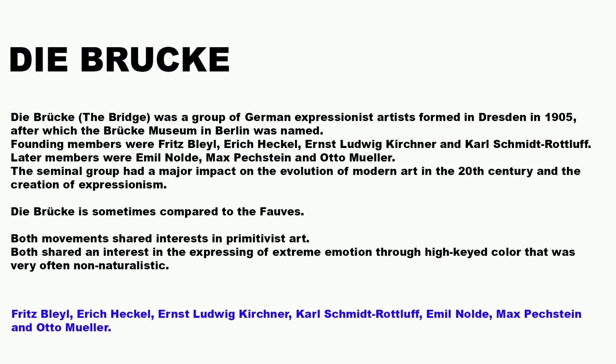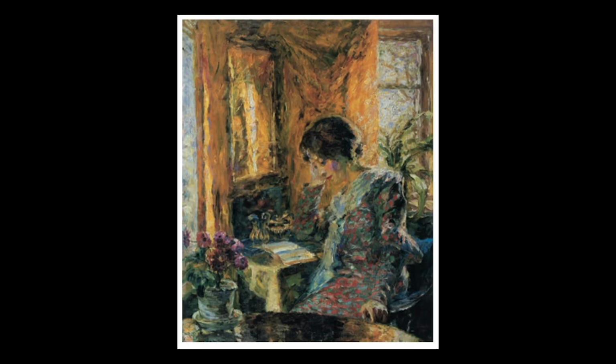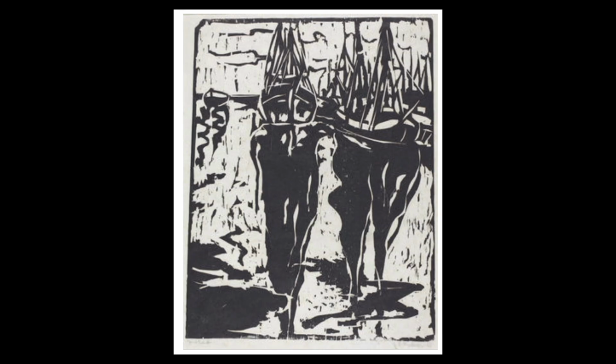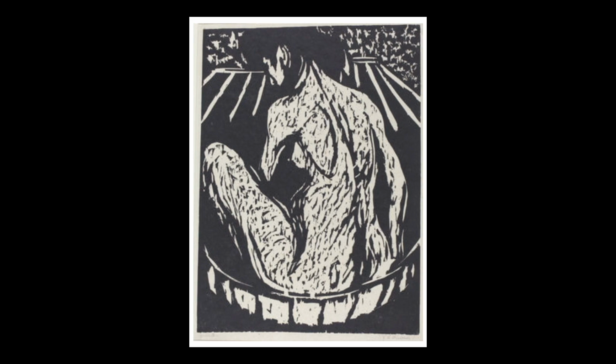The seminal group had a major impact on the evolution of modern art in the 20th century and the creation of Expressionism. Die Brücke is sometimes compared to the Fauves. Both movements shared an interest in primitive art. Both shared an interest in expressing extreme emotion through high-keyed color that was very often non-naturalistic. You can see that in Die Brücke there are a lot of woodcut prints.